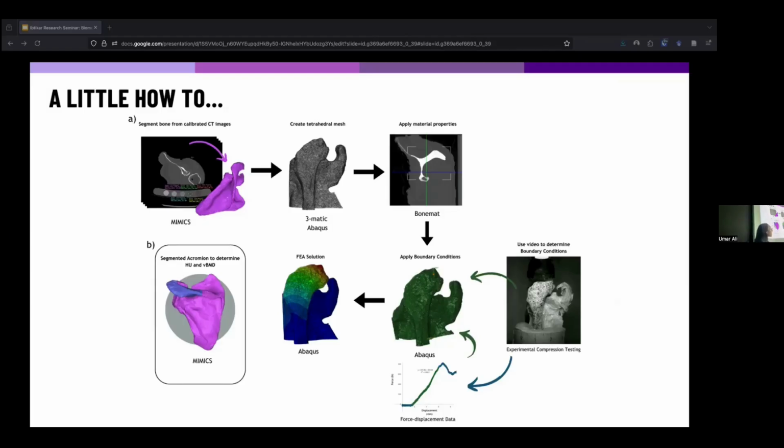We can determine this through experimental validation, where we took all 10 specimens and conducted compression testing. So we're able to get the exact forces derived from the compression testing and then validate them against our FEA solution.